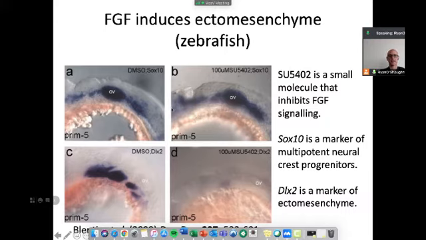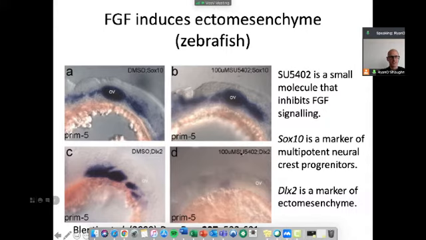Here we see SOX10 expression still in the presence of our drug inhibitor, so FGF signaling doesn't prevent that initial specification. But the expression of DLX2, shown here in our DMSO control, is absent from our treated embryos.